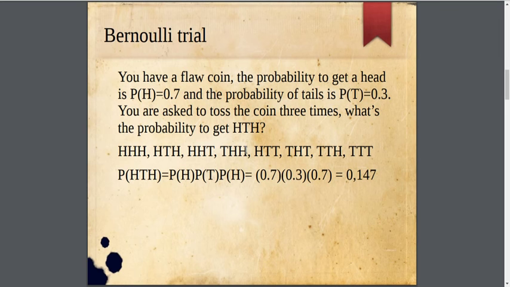We only plug in these probabilities, we get 0.7 times 0.3 times 0.7, and we obtain the result 0.147. This is very simple, as you can see. So now that we know this, we can start with the binomial distribution.